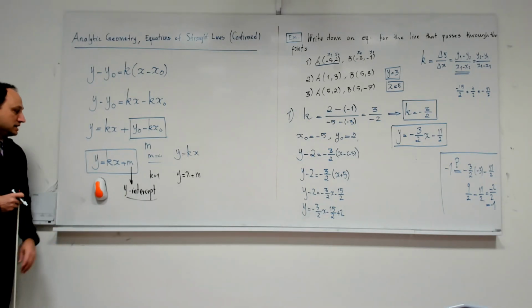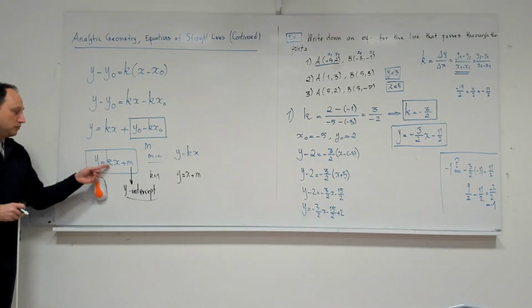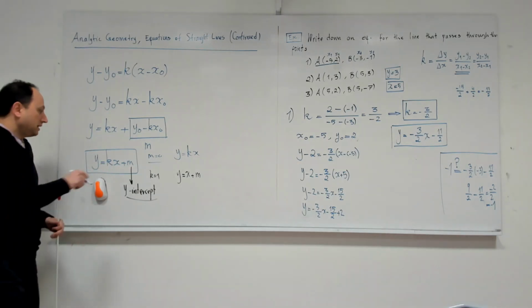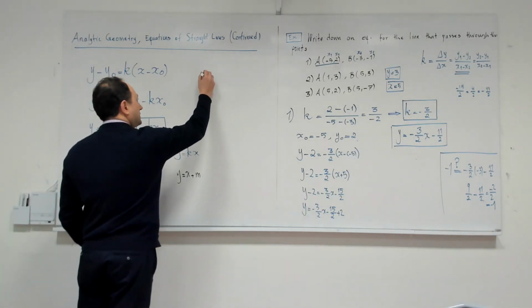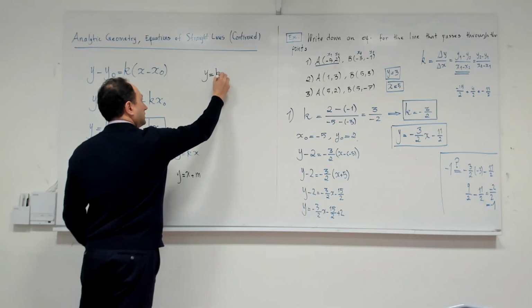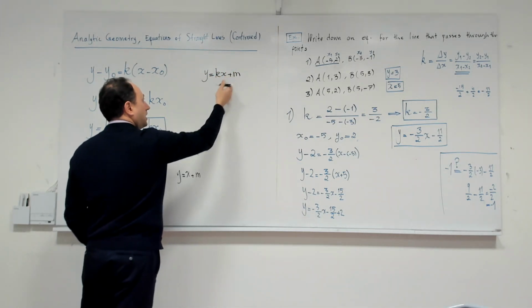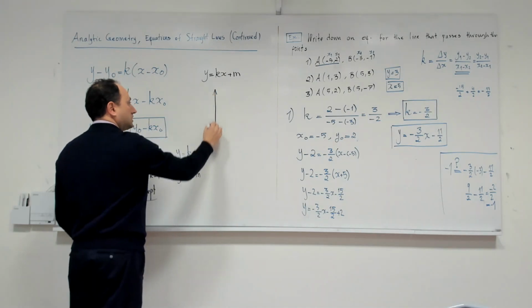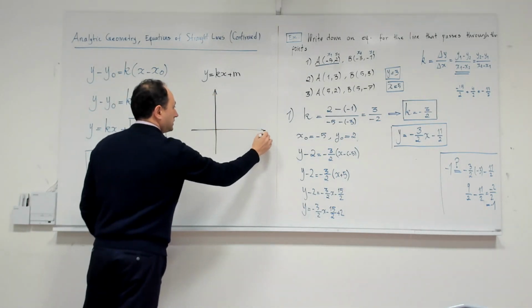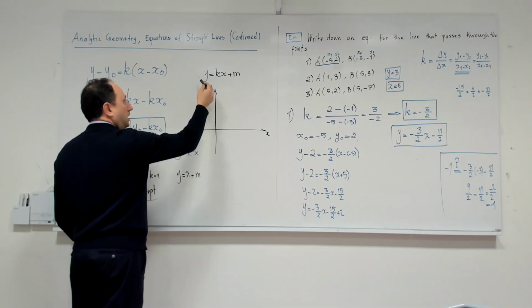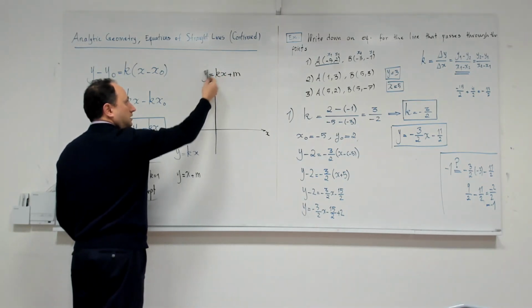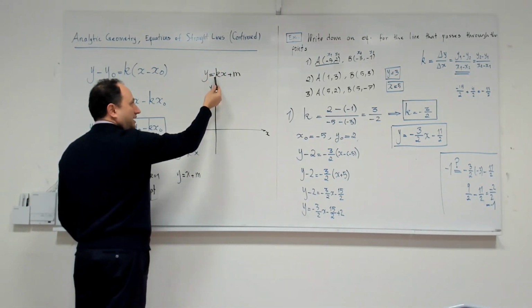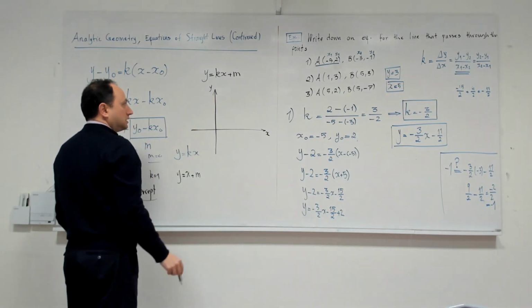My claim is that independent of my choice for k, let me ask you this question. Can you tell me where this line intersects the y-axis? Yes? So here, my question is that I have this coordinate system x and y. I ask you to draw the line for a given value k and m.